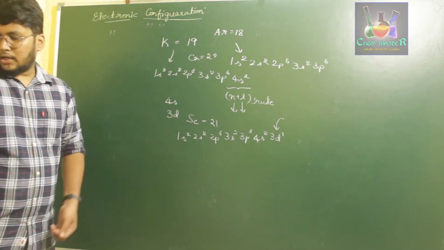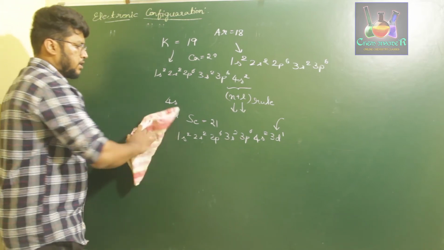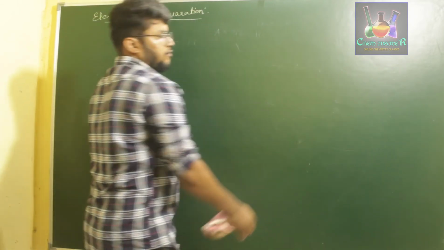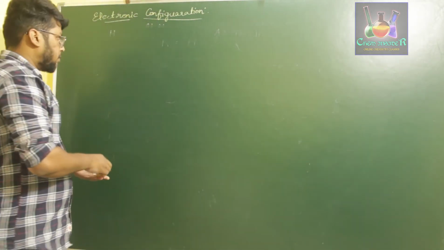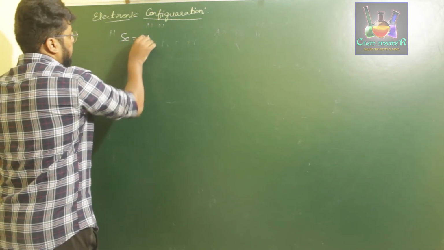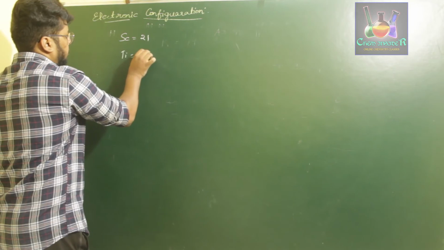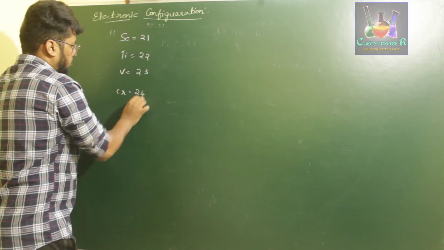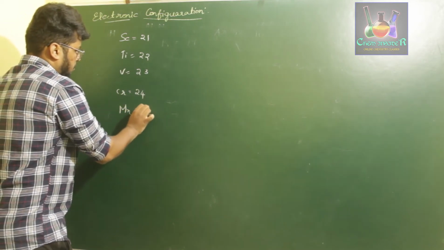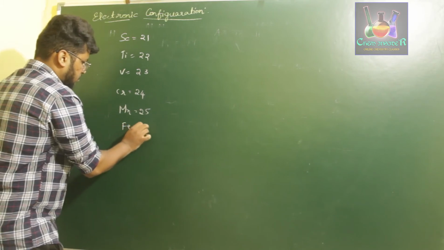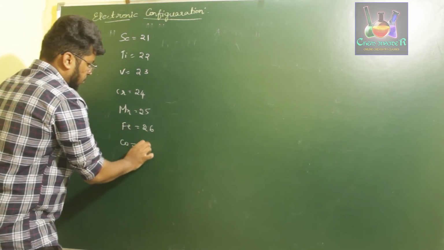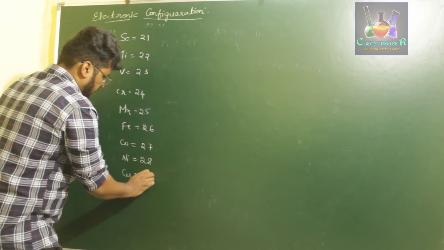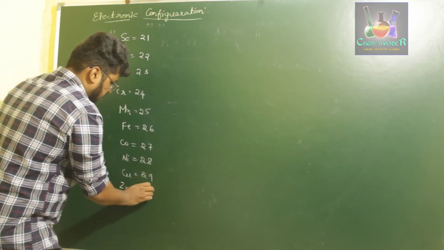Now let us write the electronic configuration for the 3d series elements, from atomic number 21 to 30: scandium 21, titanium 22, vanadium 23, chromium 24, manganese 25, iron 26, cobalt 27, nickel 28, copper 29 and zinc 30.